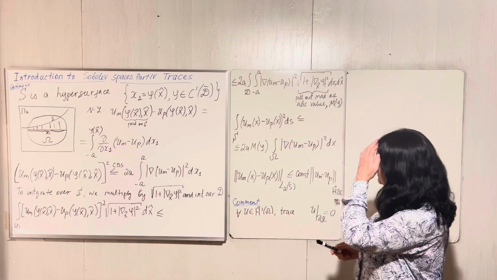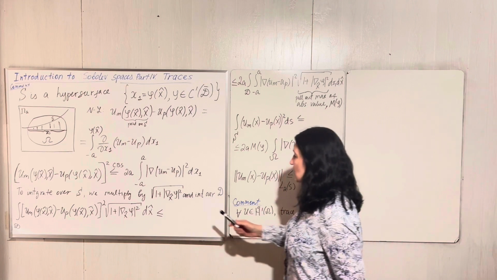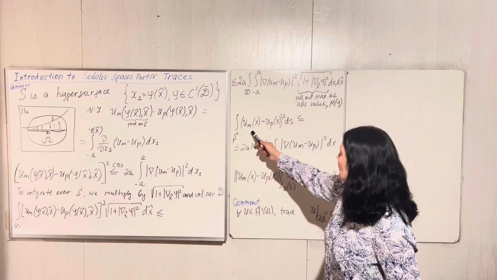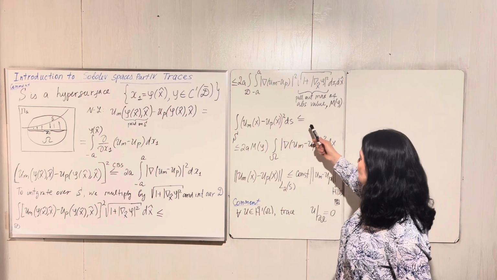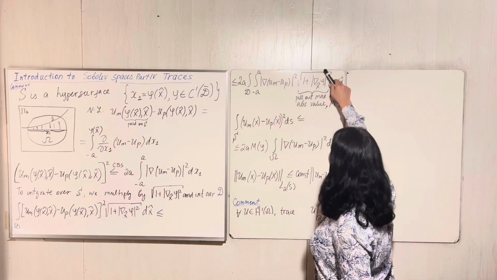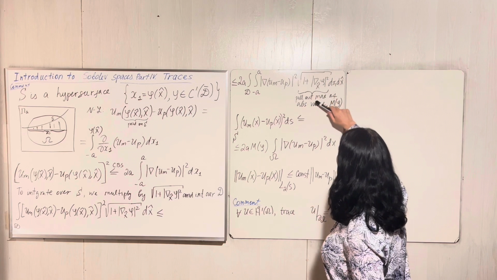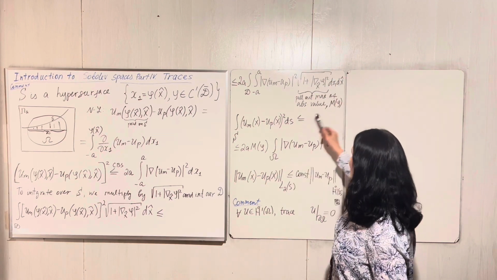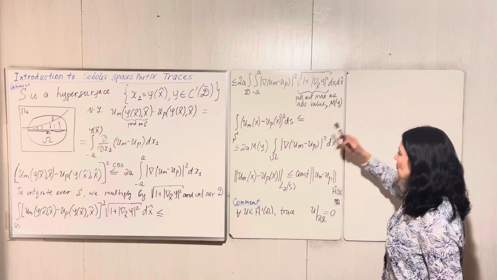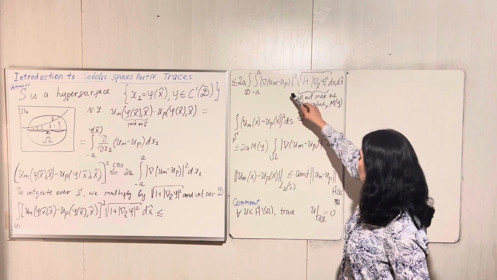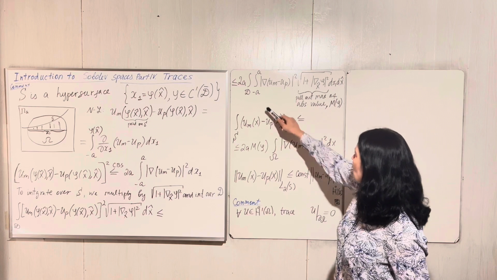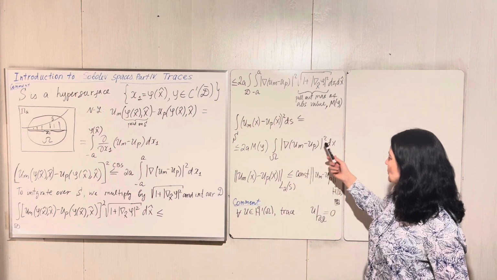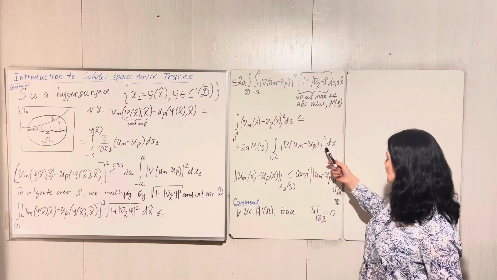And then in the left-hand side, we can write it as the integral over S of this expression. And in the right-hand side, we can pull out the maximum of the absolute value of this term, and we call it M of phi, and the rest would be the integral over omega of the magnitude squared of the gradient.